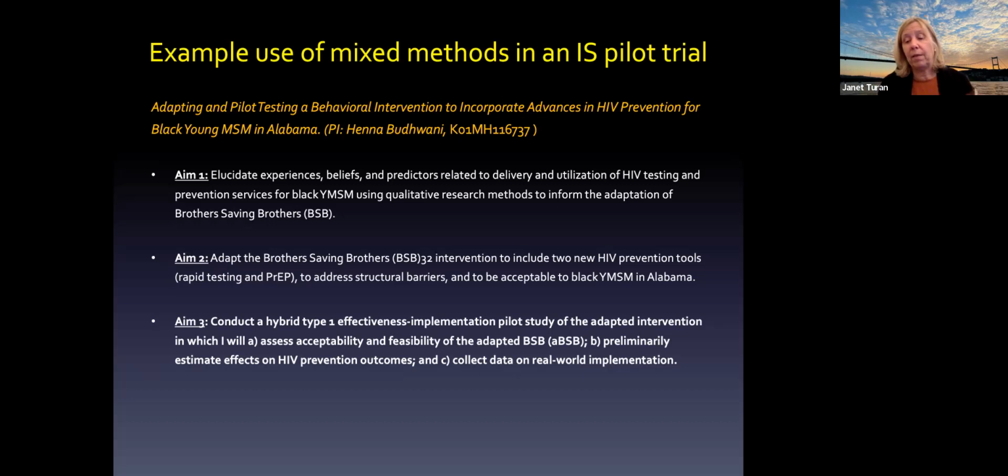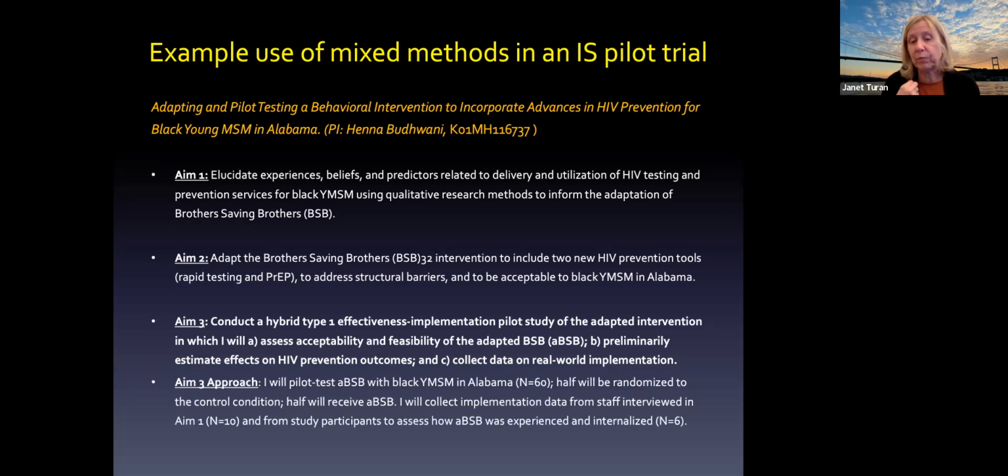So in aim 3, she's doing a randomized pilot test with half randomized to either intervention or control. Then she's going to collect implementation data from the staff who implement the intervention, and also from study participants to assess how they experience and internalize it.